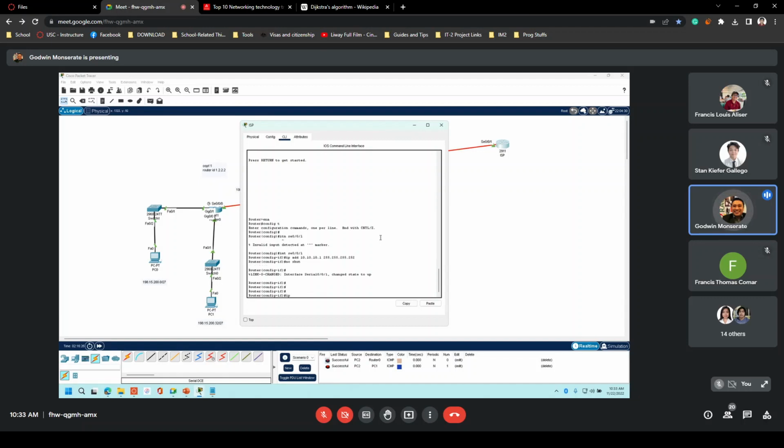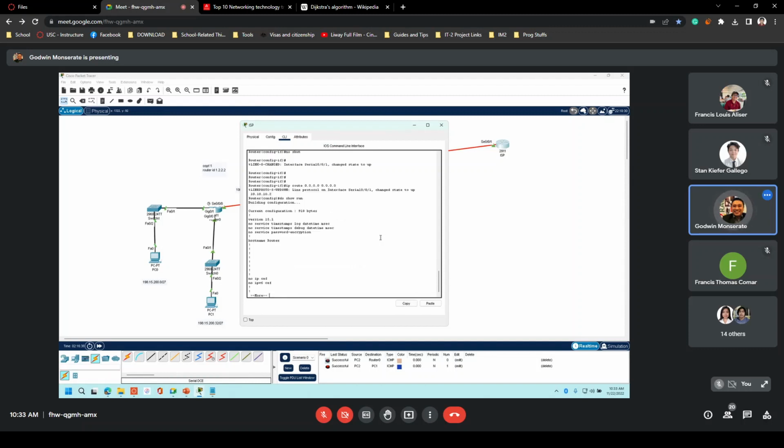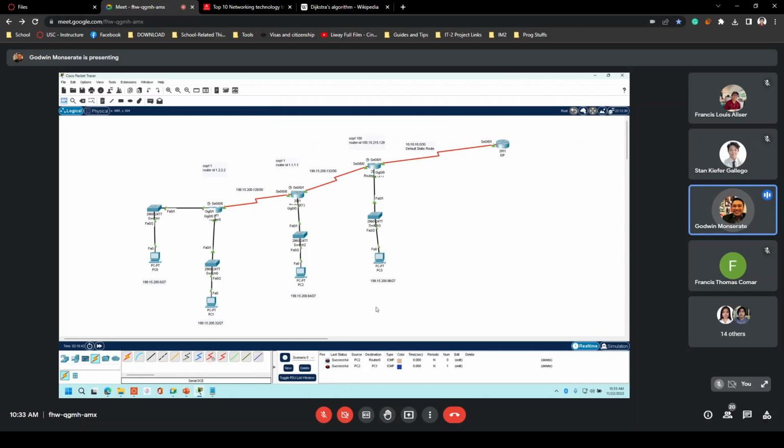Okay, then IP route any destination with any subnet mask. Okay, and mo out ko sa 10.10.10.2 enter, do show run. So naana. Okay, so pasabot ani kinahanglan kani sila tanan makaping naman eh, correct? Kaya naka SPF man eh.